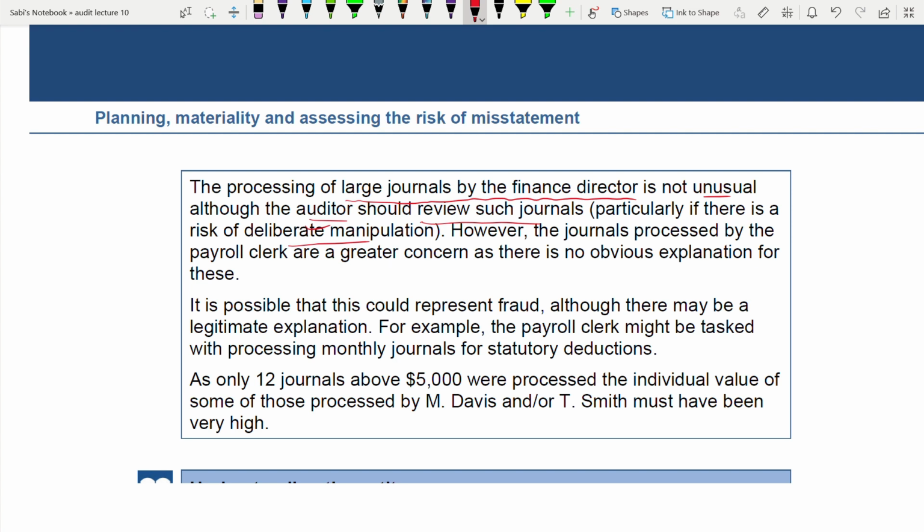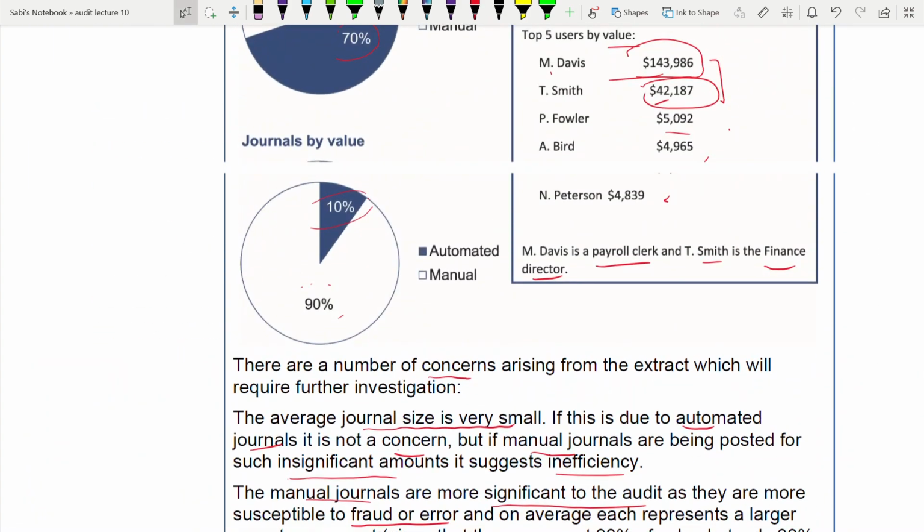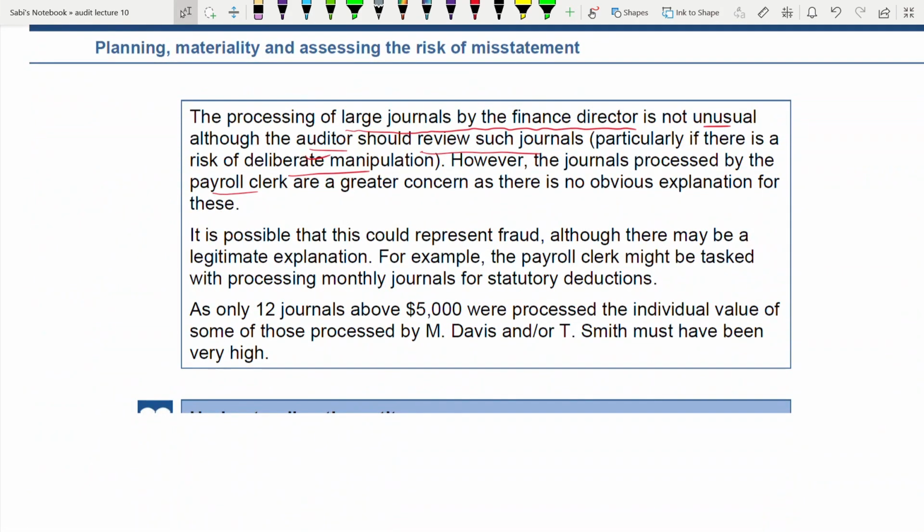But what about the payroll clerk? Remember, the payroll clerk is the highest. Okay, if you see this, M Davis is a payroll clerk and M Davis is the highest. He has processed journal the highest. So the journal processed by this one is a greater concern, as there's no obvious explanation for this, that why the payroll clerk is processing the journal.